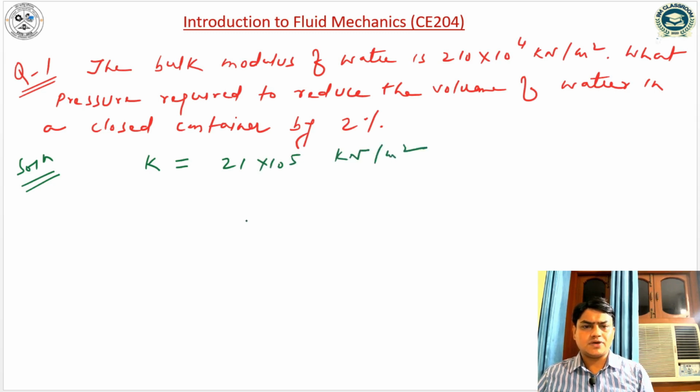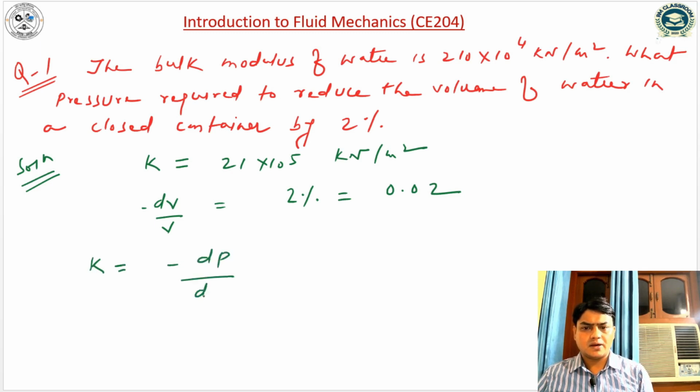What pressure is required to reduce the volume of water in a closed container by 2%? dV by V is given, that is 2% means 0.02. So we have the relation: bulk modulus is equal to dP divided by dV by V.